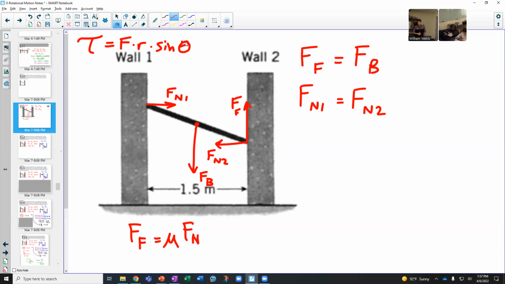For the distance, if you have it at either end, you have the entire length of the board instead of having to worry about one fifth or what have you, like we did yesterday. And for the force, if we used the normal force, we may need to consider the normal force of both sides, whereas with friction force, we can just consider friction force and that's it. There's one number.